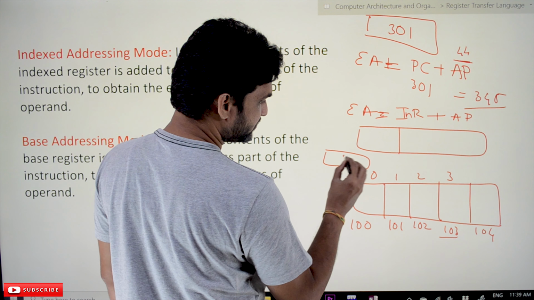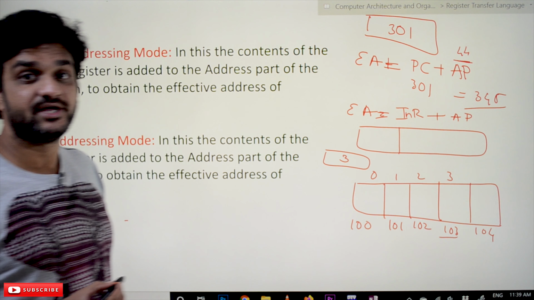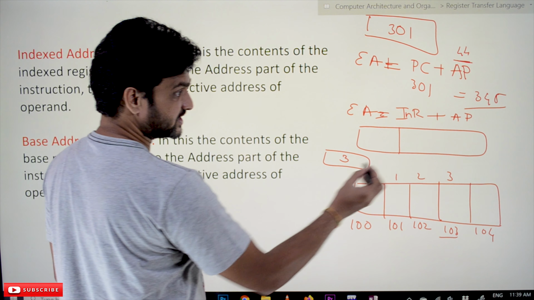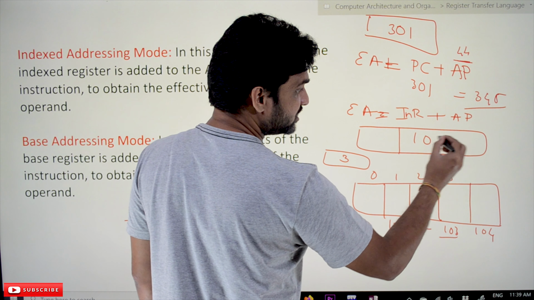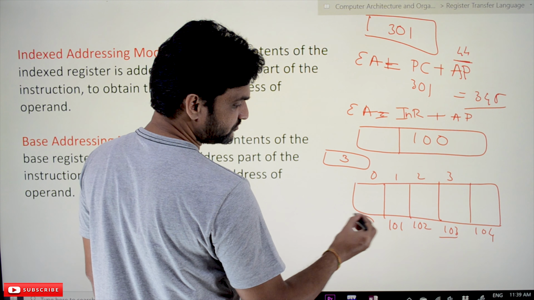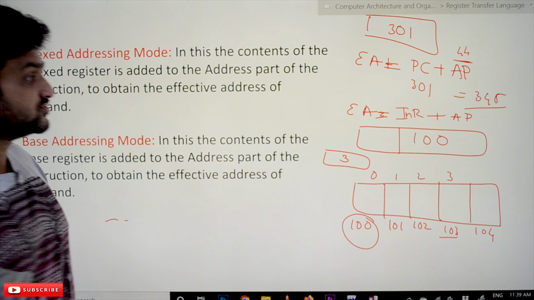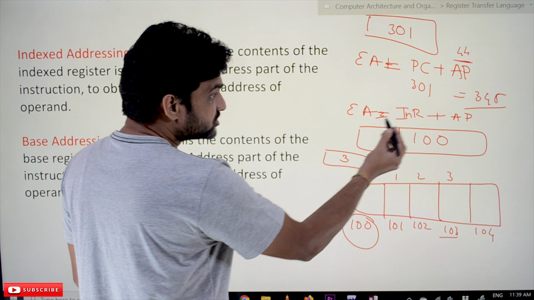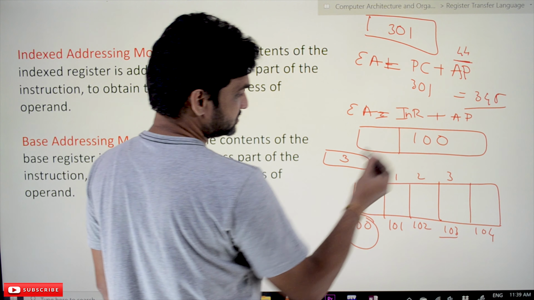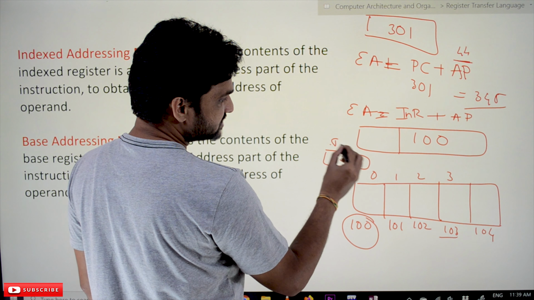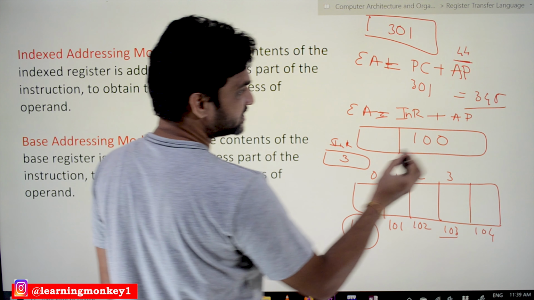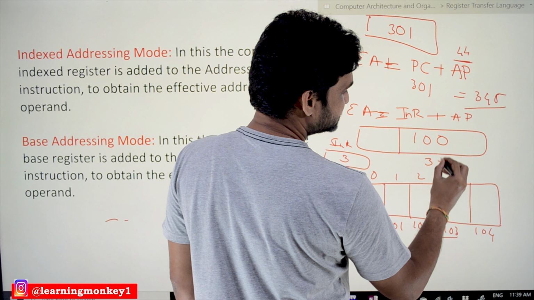So 3 is provided in the index register, and the address part consists of the base address of the array. What is the base address of this array? It is 100. So the effective address is going to be the sum of INR, the index register, plus the address part.